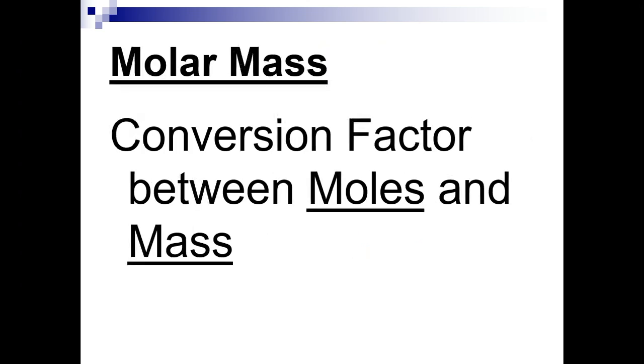That's the molar mass of that atom. If I have to add them up, that's the molar mass of that compound. The units of molar mass are, obviously, going to be grams per mole. It is a conversion factor that goes between moles and mass. If I have moles, I can get mass. If I have mass, I can get moles.